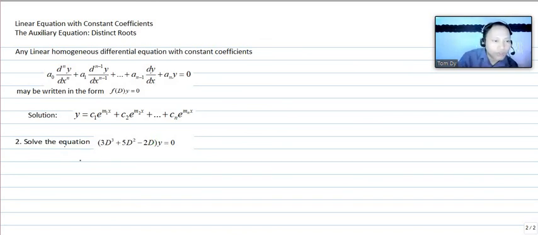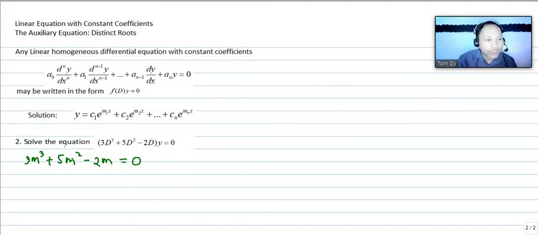Now, to solve this one, again, we will write its auxiliary equation. We have here 3m cubed plus 5m squared minus 2m, which is equivalent to 0.